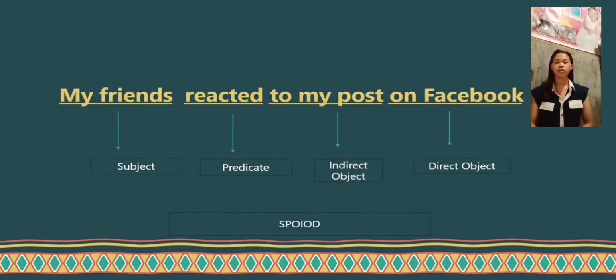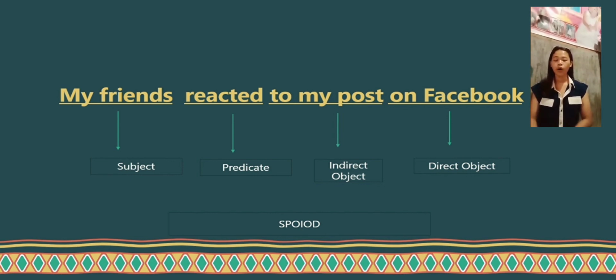So the clause structure of the sentence is SPOIOD. The words "my friend" are the subject, "reacted" is the predicate, "to my post" is the indirect object, while the words "on Facebook" are the direct object.